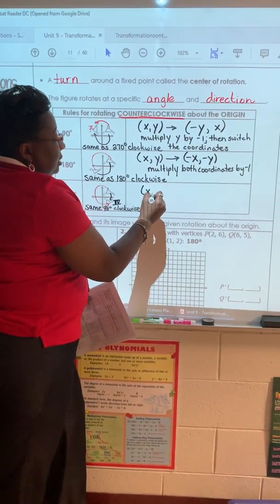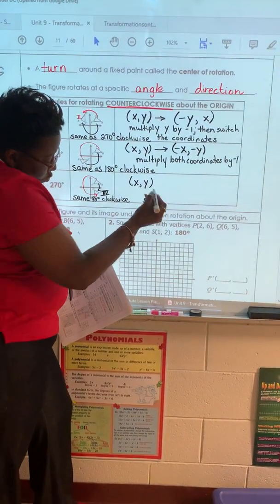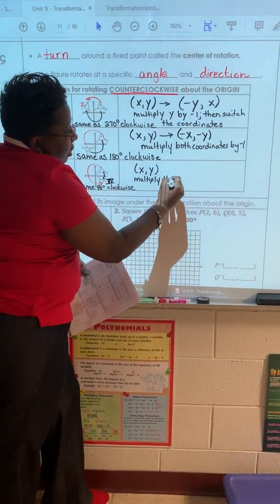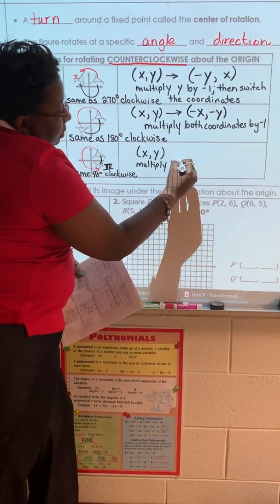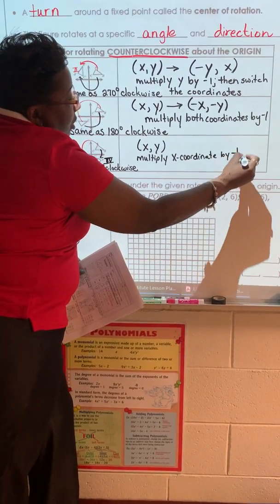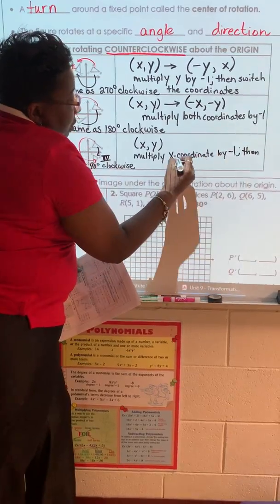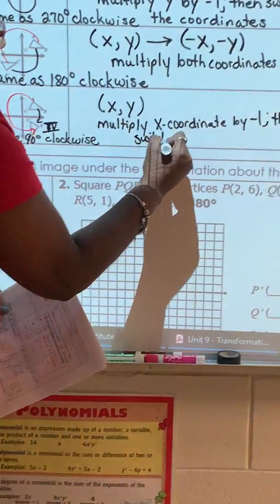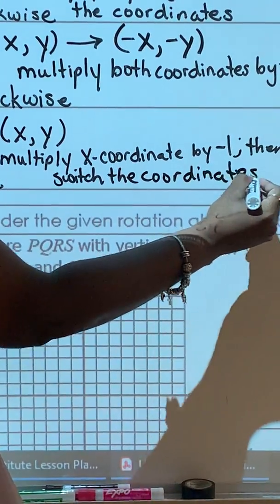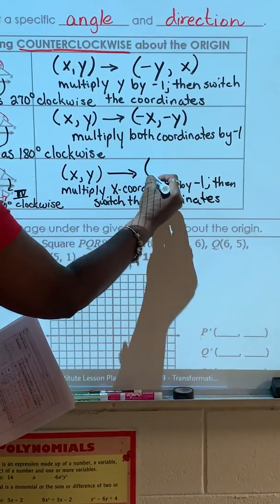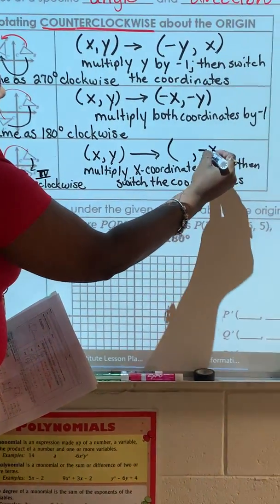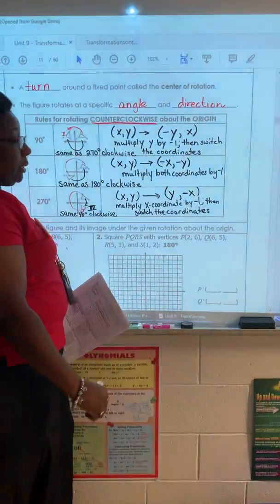If we are given x, comma, y, we will multiply the x coordinate by -1, and then we will switch the coordinates. So it will look similar to this. We multiply x by -1, so it'll be a negative x here, and y. We have to switch them up.